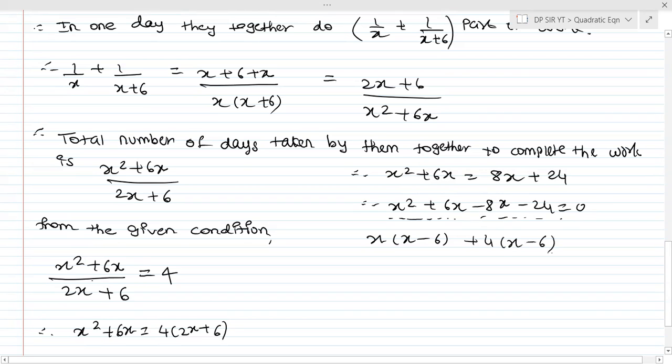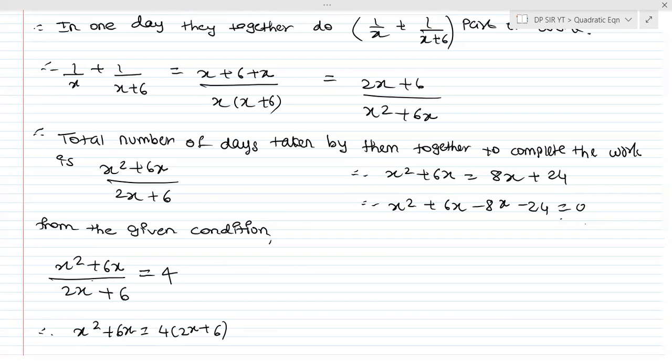No. I'm going wrong. रुक जाओ. x square plus 6x minus 8x is equal to 24. What I can do here? Just give me a moment. I'm going wrong or what? इधर तो गलती हुआ है क्या मेरा? Just check it out. Please find the mistake if you can.